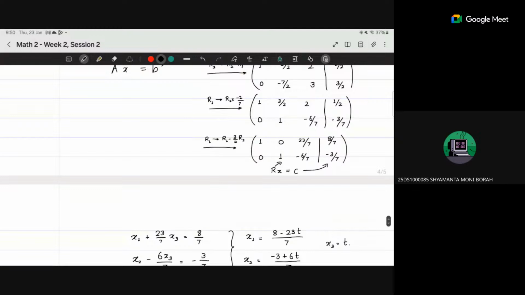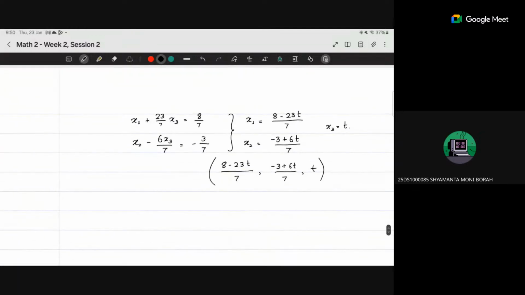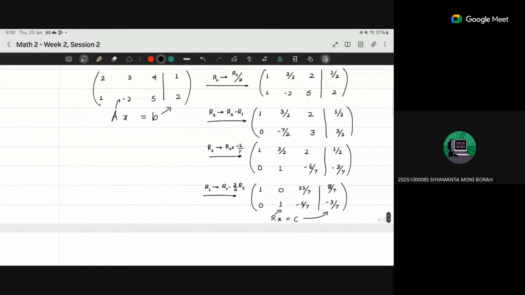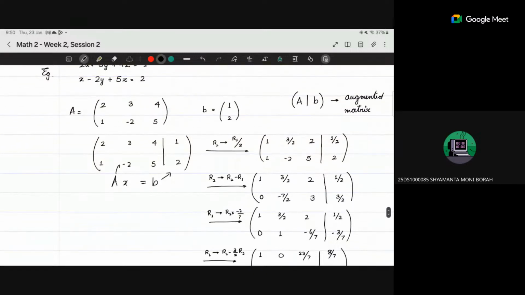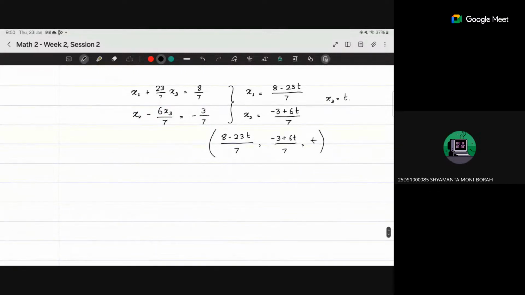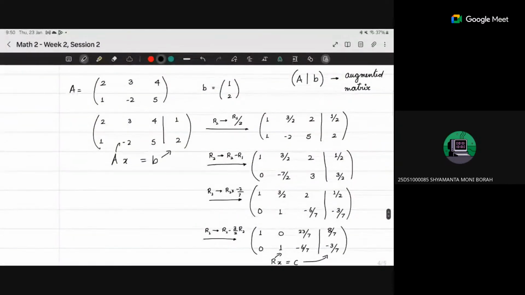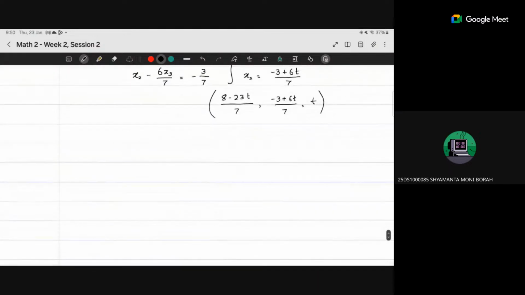Now I'll tell you why this method works, or what is the motivation behind it. It is not magic. Why are only row operations allowed, why are column operations not allowed, and all that. The whole thing, Gaussian elimination, row operations, reduced row echelon form, is an extension of what we generally do.